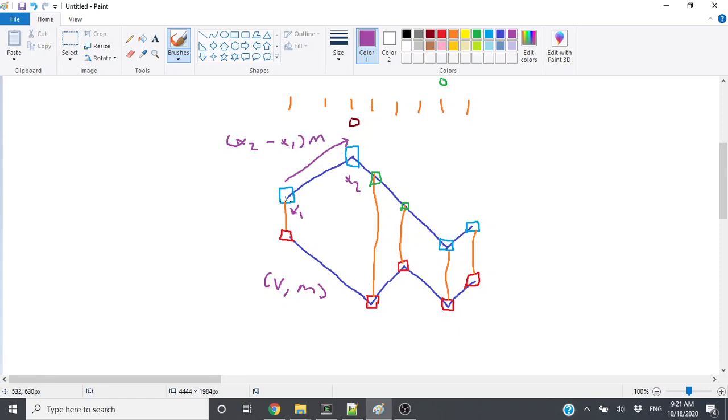That's just how it works, because at each point we're going to go up by m, and we're going to go up x2 minus x1 times, so that's the formula. So if we somehow had the values and the slopes at all of the interesting points, and actually we don't even need the values at all, what we really need are the slopes.